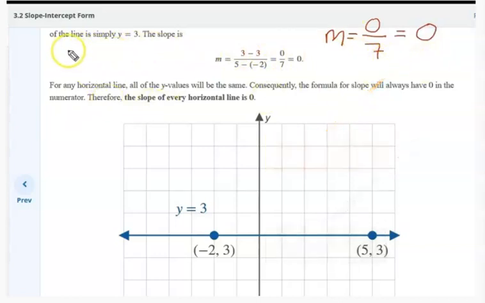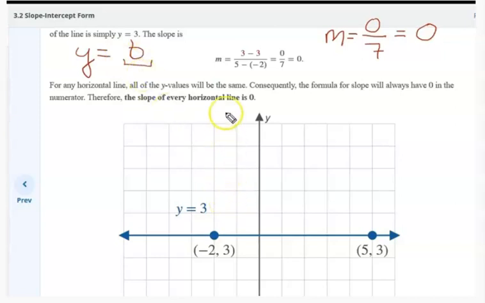And I also want you to write this down, that the equation of all horizontal lines is going to be y equals b. That's the special equation for horizontal lines. And if you remember, our b is our y-intercept.